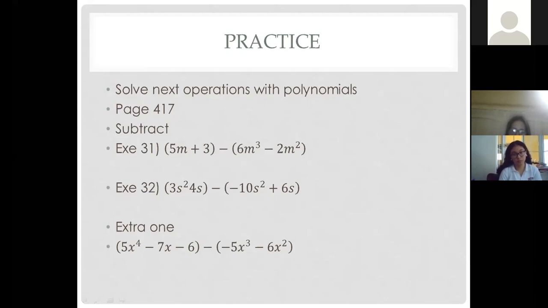In order to do it, remember there's a 1, but here it's a negative 1. With that 1, the expression stays practically the same, so 5m plus 3. Here we want to apply the distributive property with that negative sign. And that negative sign will change everything. So then you have negative 6m to the power of 3 plus 2m to the second power.